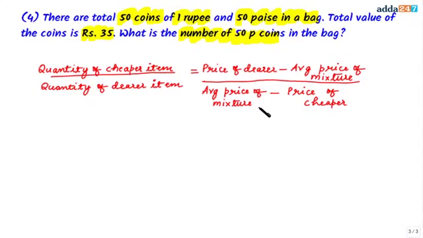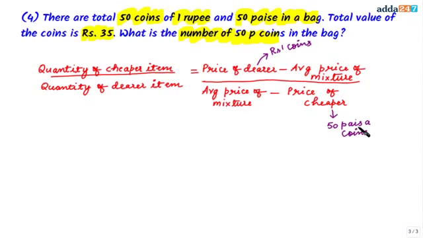Once again, going back to the base formula here, the dearer item will be rupees 1 coins and the cheaper item will be 50 paisa coins.